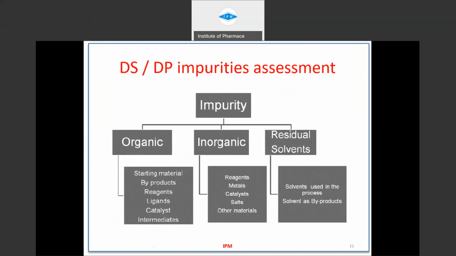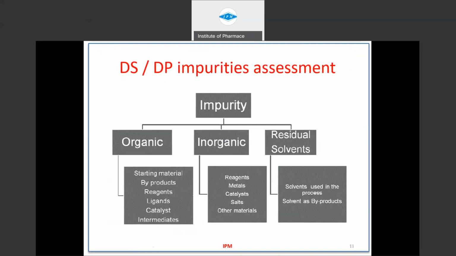So impurity can be classified, as we have seen in other discussions, as organic, inorganic, or residual. We have seen it in discussion of Q3A, Q3B, and Q3C is on residual solvents.